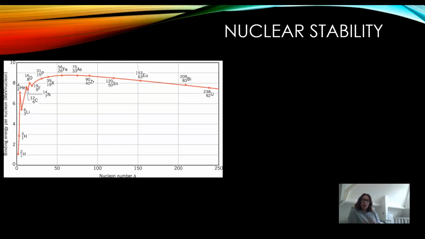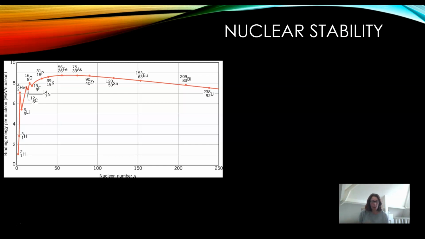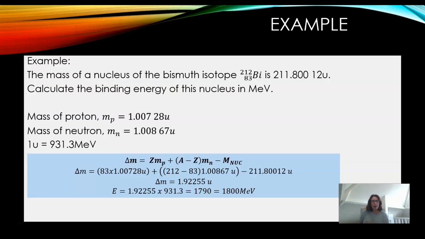So this graph is incredibly important. It shows you how stable different nuclei are. The stability of a nucleus, and what leads to it being radioactive or to undergo fission or fusion, is this graph. And it's how much binding energy there is per nucleon. I'm going to go back to this example. To bind the whole nucleus together, it's 1,800 megaelectron volts.